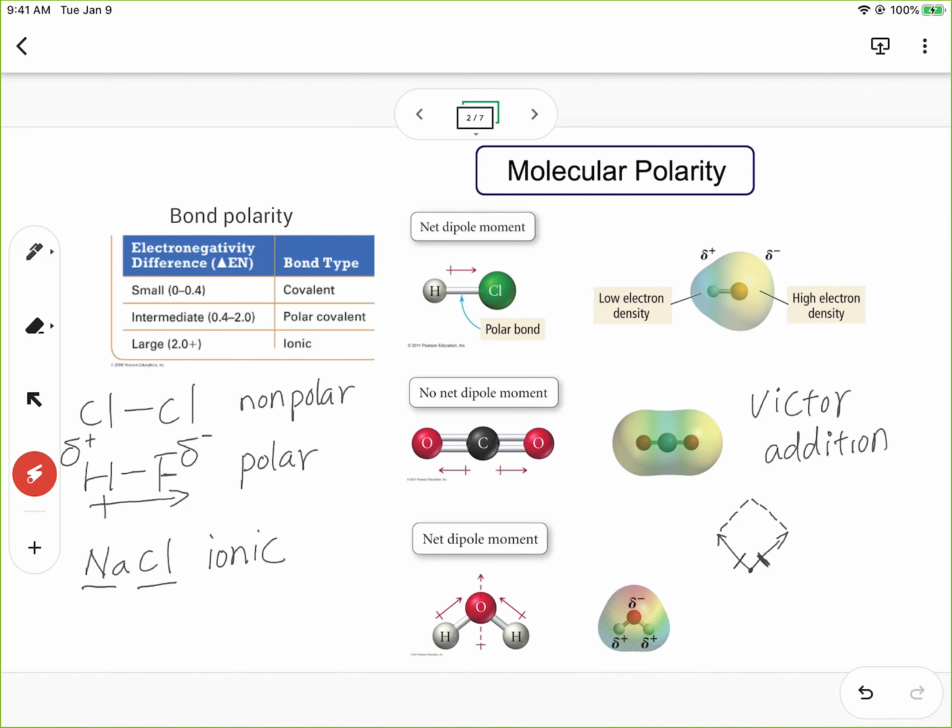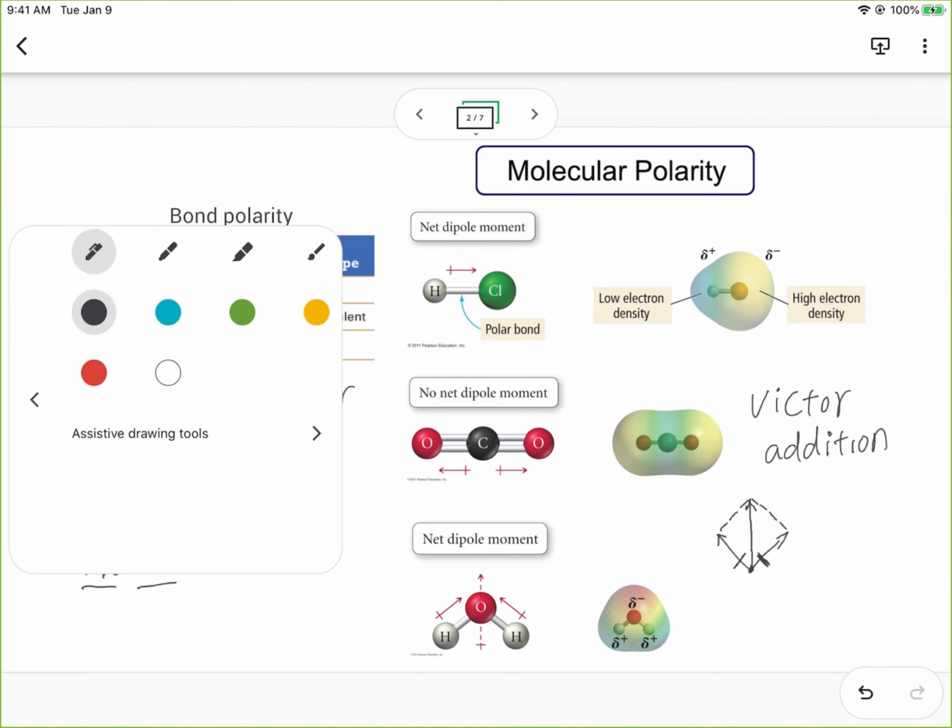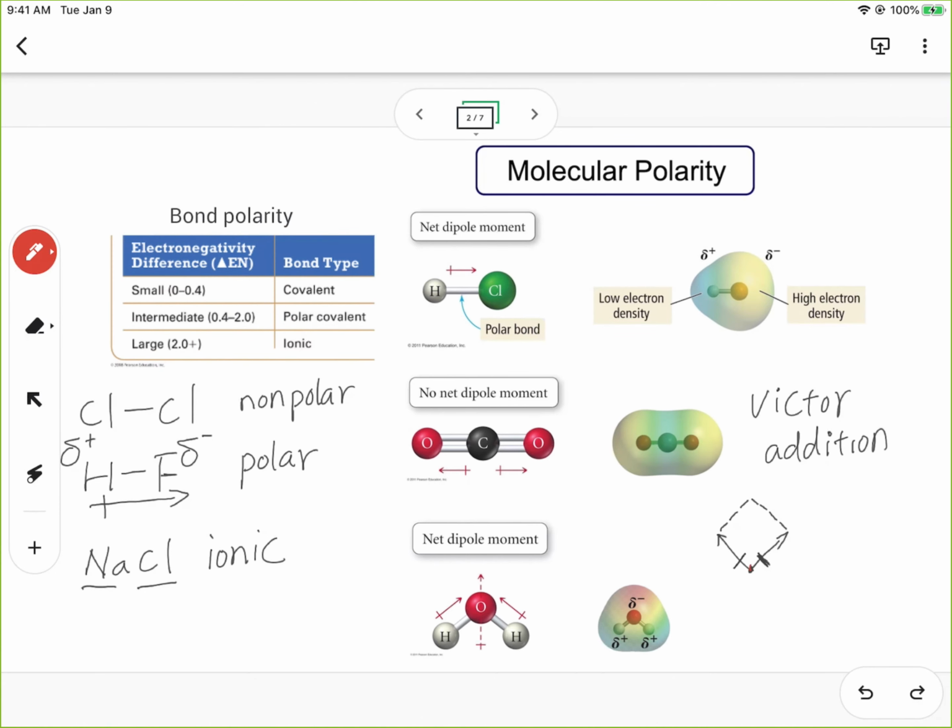The sum of this vector addition will generate a new vector that starts from this point here and goes to the crossing point of those two dashed lines. I'll use the red color to label it. So the overall net vector, the net dipole moment of this molecule, will be from this point to this point.